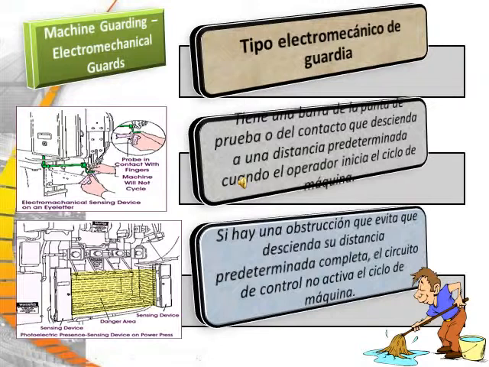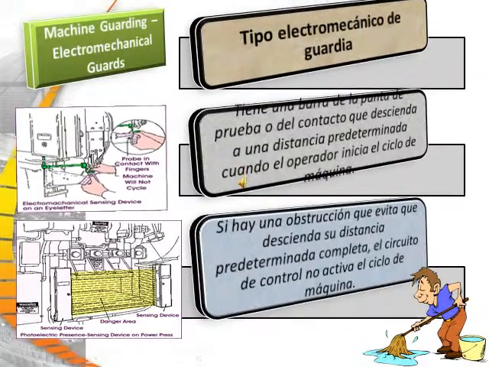Electromechanical types of guards have a probe or contact bar which descends to a predetermined distance when the operator initiates the machine cycle. If there is an obstruction preventing it from descending the full predetermined distance, the control circuit does not activate the machine.